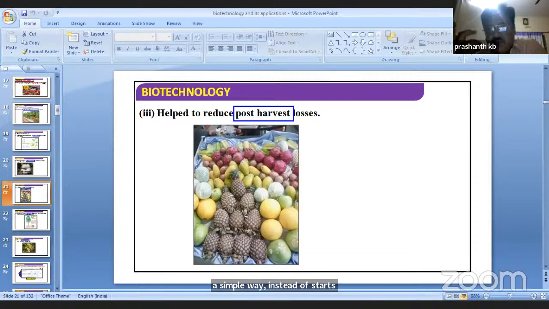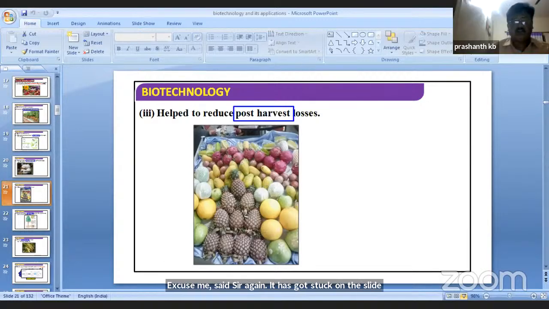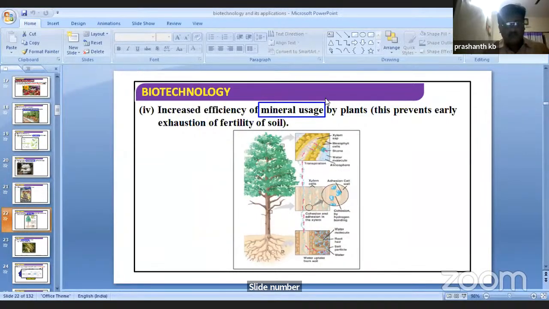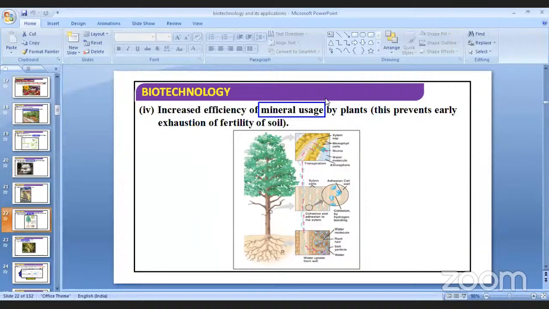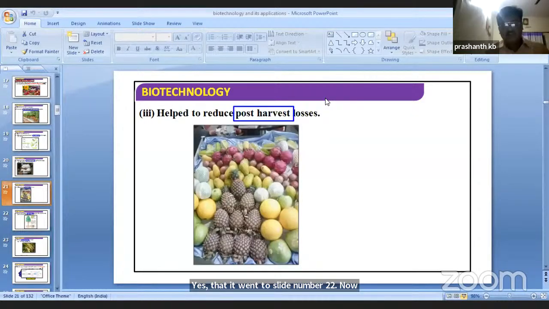Capsicum, green color was there. Red and yellow varieties are... Excuse me, sir. Sir, again it has got stuck on slide number 21 itself. Okay, slide number 21. Yes, sir, it went to slide number 22 now. This is the next.